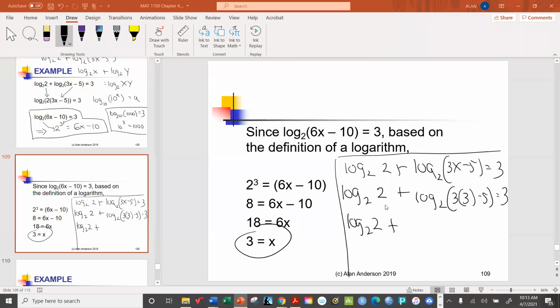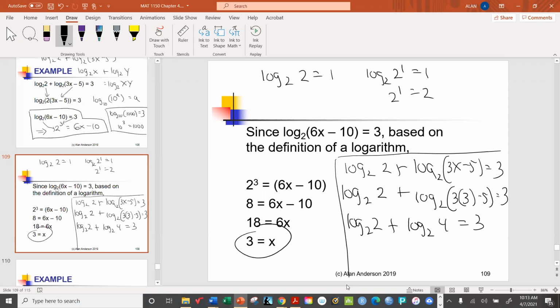Okay, so then we have log 2 of 4. Okay, so now, is this true or isn't it? Well, remember, log 2 of 2 equals 1, because what you're actually seeing here is that log 2 of 2 to the 1 is 1, because 2 to the first equals 2, and then log 2 of 4 equals 2, because 2 squared equals 4.